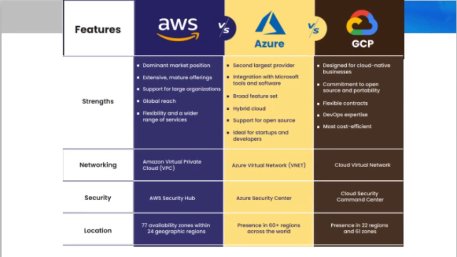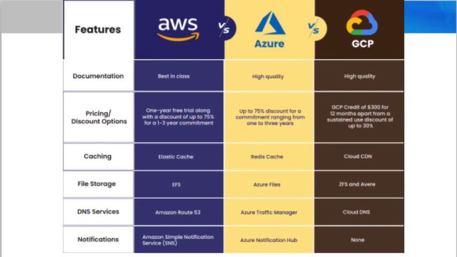Next one is the networking, security, location. This is the comparison of the three platforms here. Next one is the documentation, pricing, caching, file storage, DNS services and notifications.